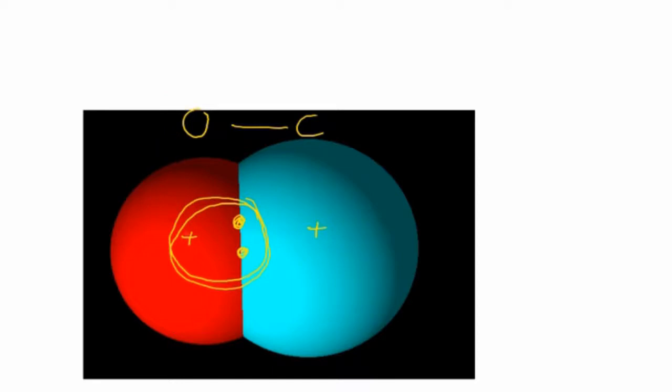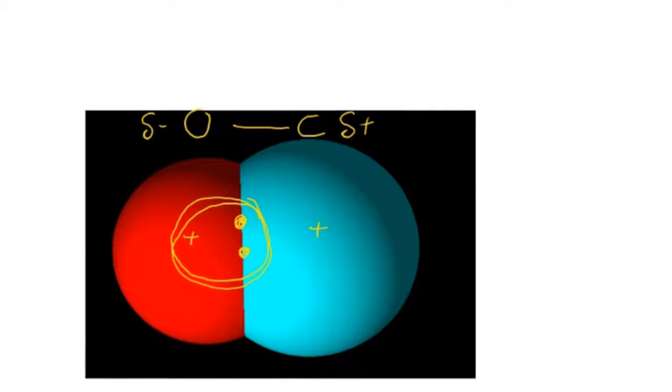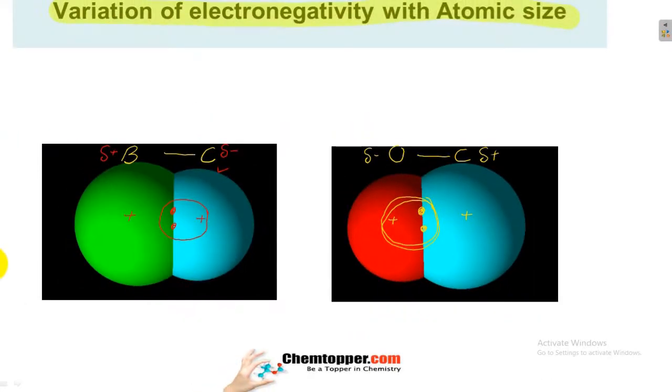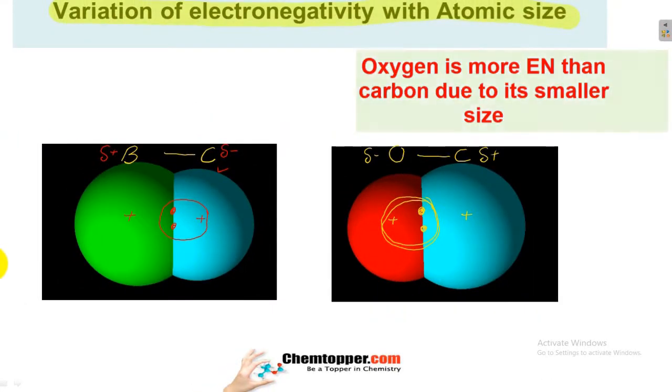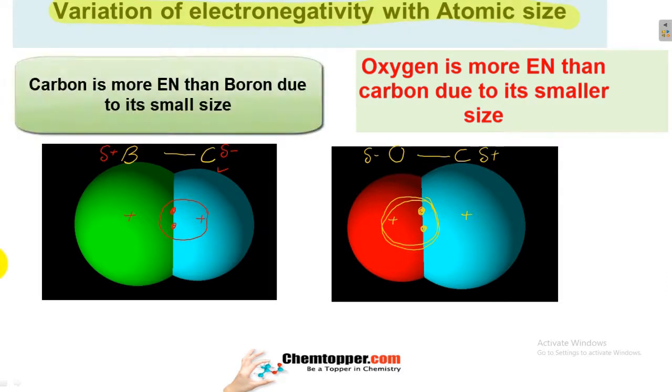As a result, there is a partial negative charge on the oxygen and a partial positive charge on the carbon, because electron density is closer to the oxygen atom and electron density is less on the carbon nucleus. It means oxygen is more electronegative than carbon.